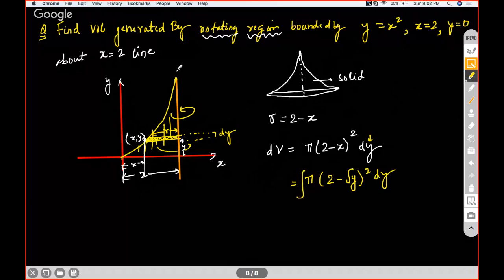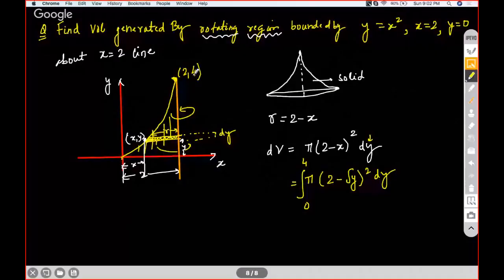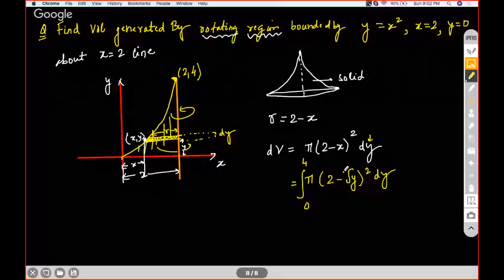What will be the y at the head? Here x is 2, so y has to be 4. Now evaluate this and tell me the result.